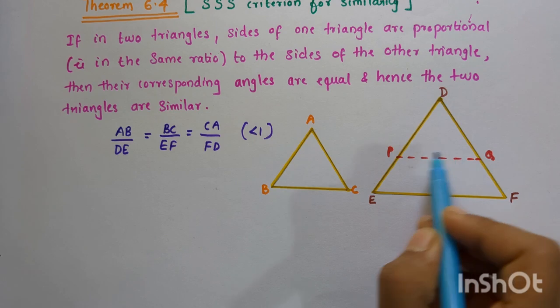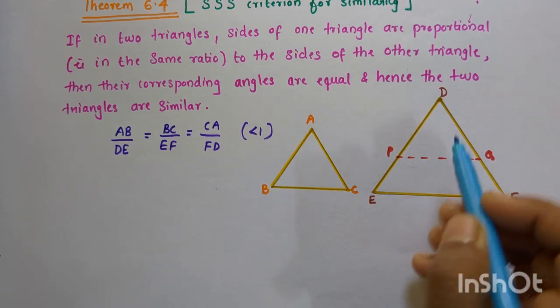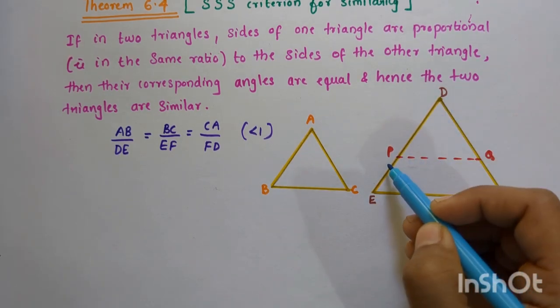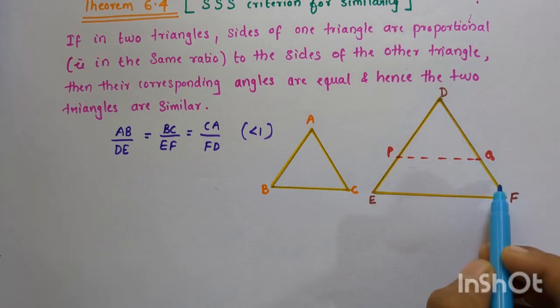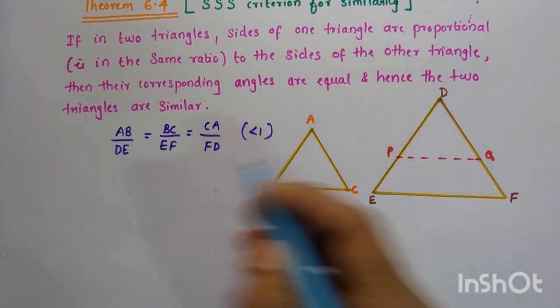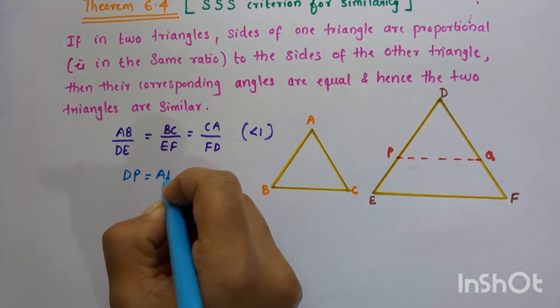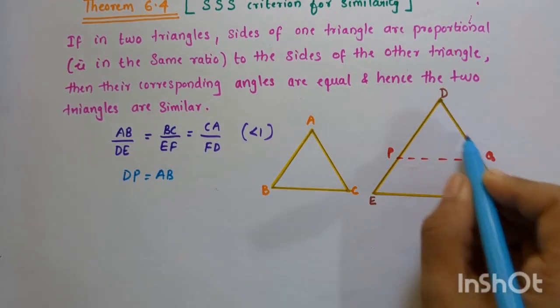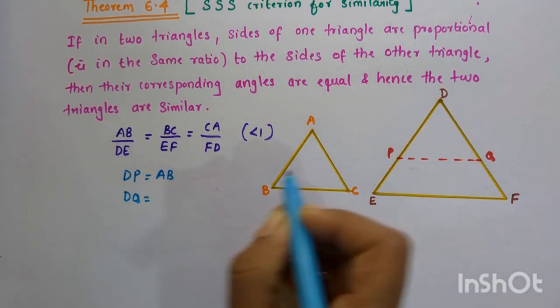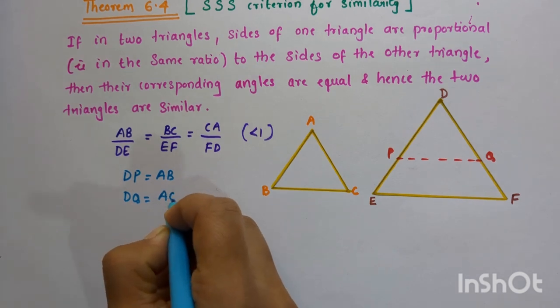So we consider a line PQ that cuts DE into 2 as well as DF into 2, such that DP is equal to this side AB of the first triangle, and DQ is equal to this side AC of this triangle.